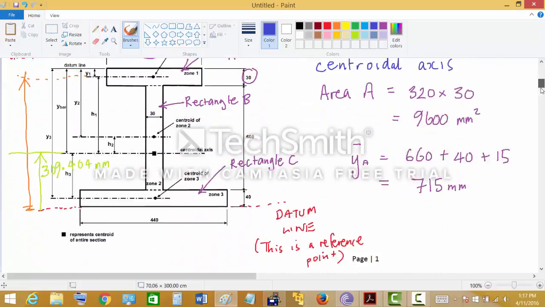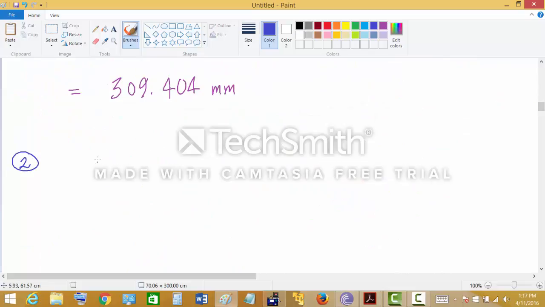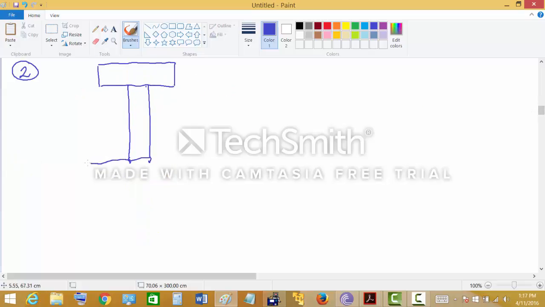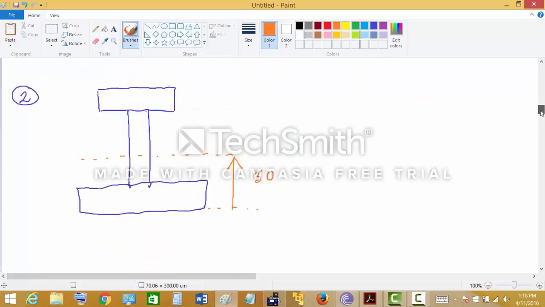So our shape is we have a smaller rectangle here, middle rectangle, and the base rectangle, and this is our datum line here. So the central axis, it is 309.4.